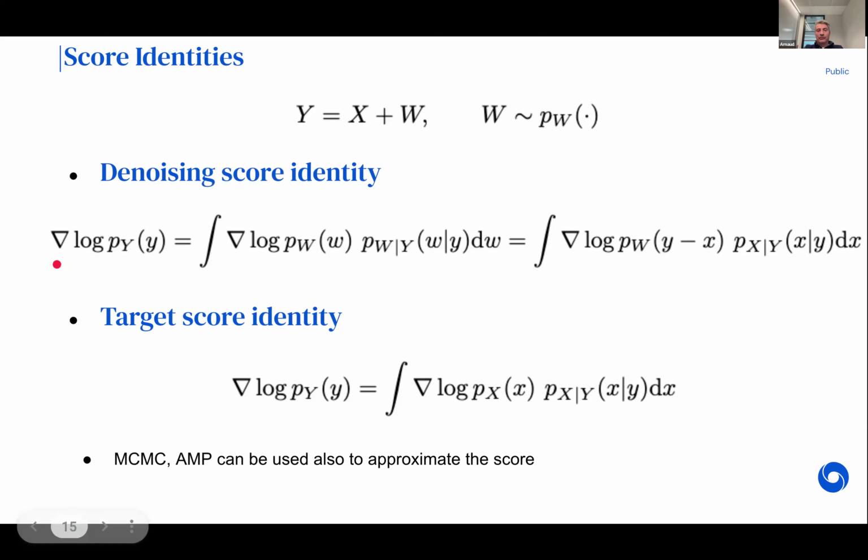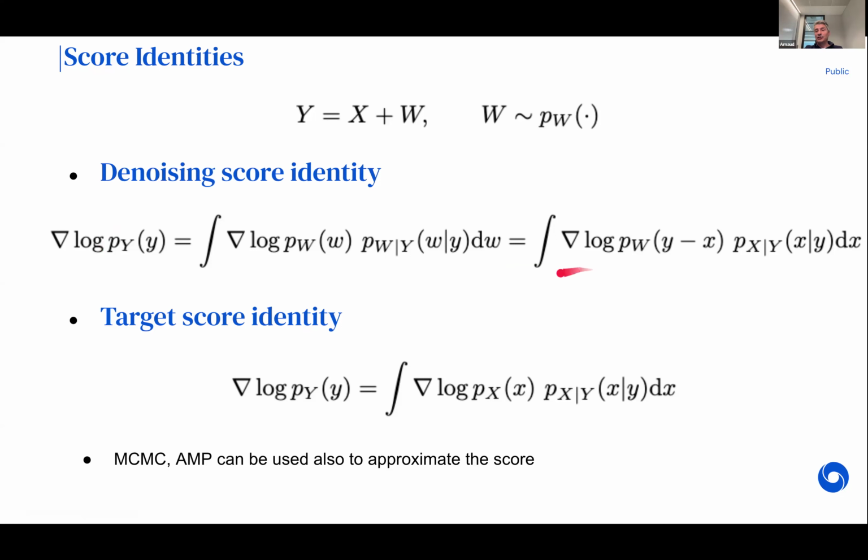Okay, so what is basically this expression, the gradient of the score of y? It is the standard identity in the literature, known as Tweedie's identity or denoising score identity.